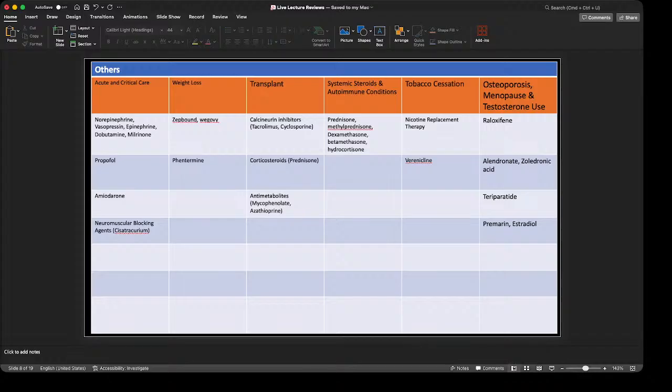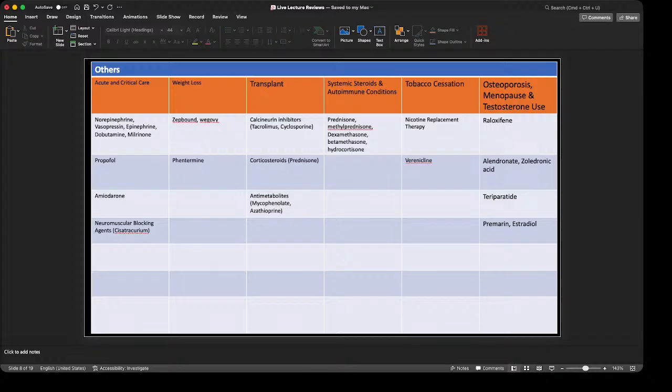I think that's a pretty good thing to have, especially for patients who tolerate the tablets better than the injectables. Then you have phentermine tablets. Note that phentermine is a controlled substance, so keep that in mind.